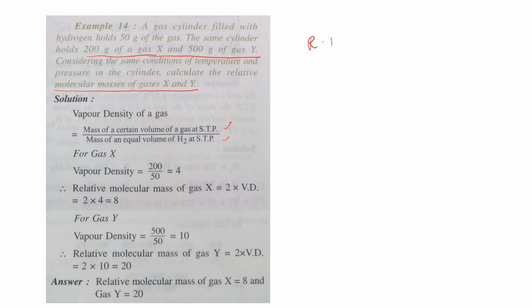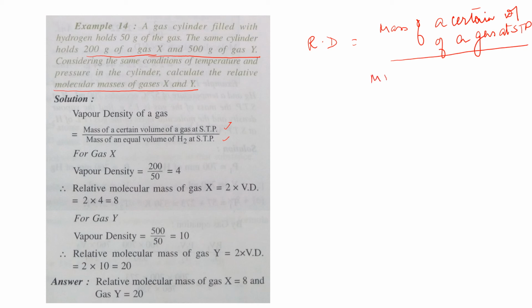The formula for relative density, you know, that is the mass of a certain volume of a gas at STP divided by the mass of an equal volume of hydrogen at STP.